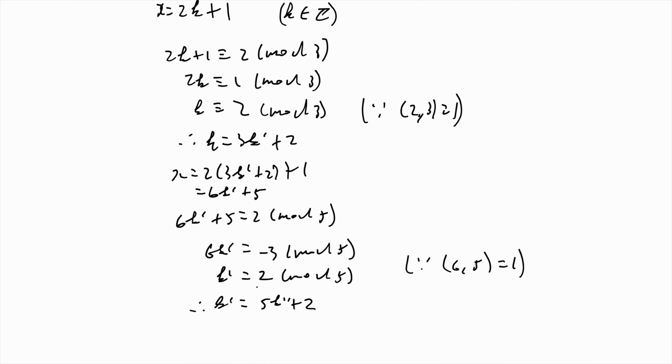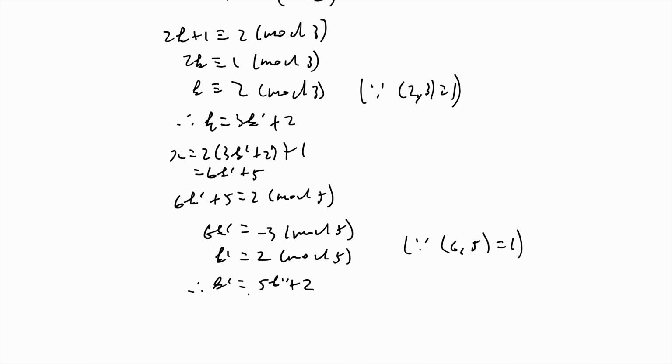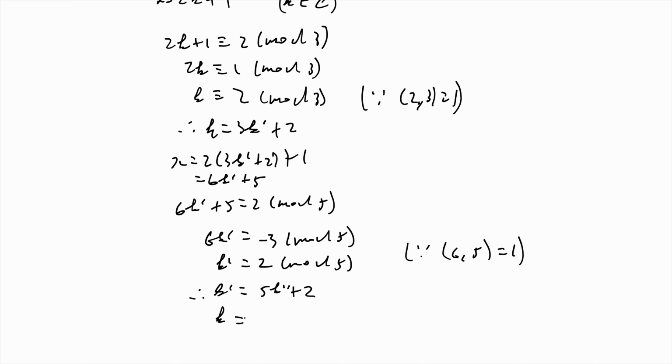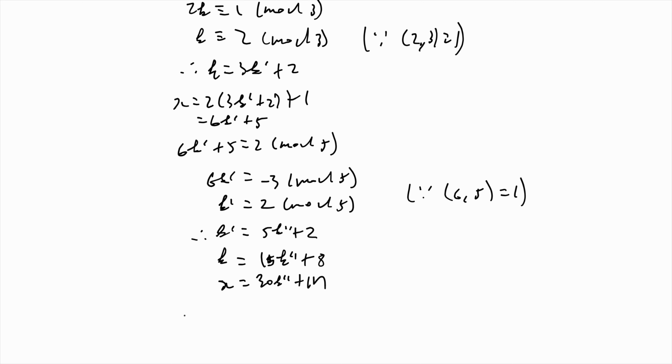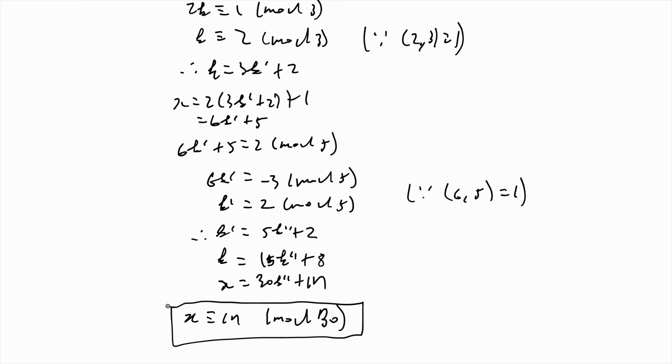Now, we know that k prime is equal to 5k double prime plus 2. So let's resubstitute it. We know that k equals 15k double prime plus 8. So therefore, x is equal to 30k double prime plus 17. Then we know that x is congruent to 17 mod 30, and we solved our congruences.